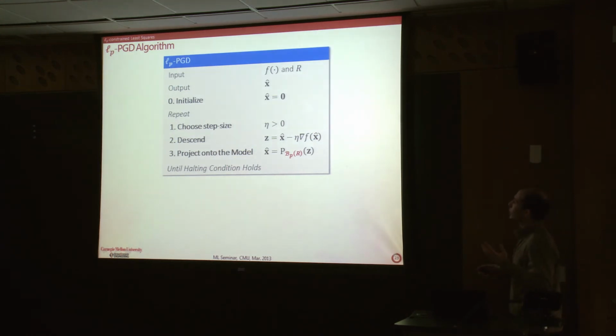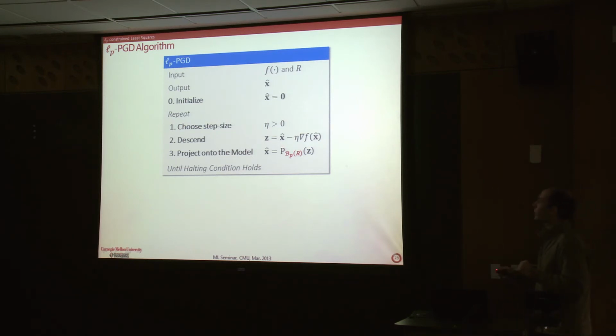To approximate the LP constrained least squares, we are going to use what we call the LP projected gradient descent, which is the standard projected gradient descent, where f is the squared loss, and the difference is that we have this projection onto an LP ball.